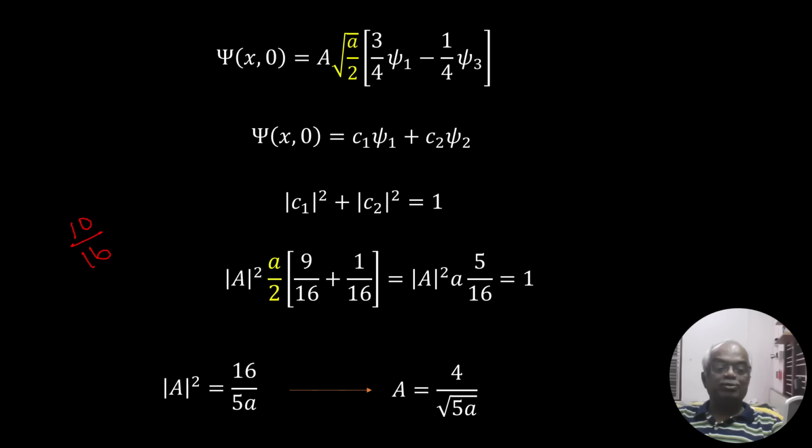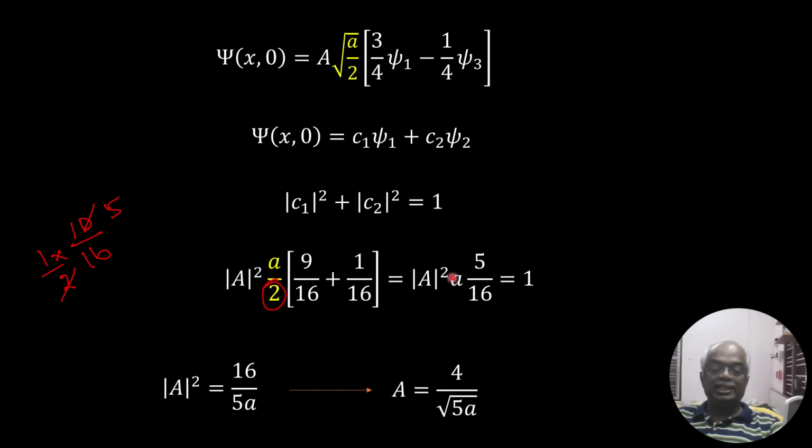Then you have outside the bracket 1 over 2, so this 2 and this 2 will get cancelled. You will get 5 by 16. 9 plus 1 is 10, which will become 5 over 16.